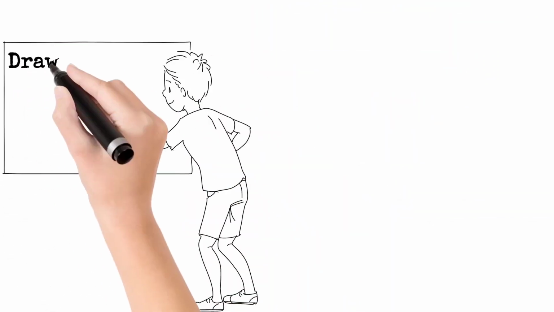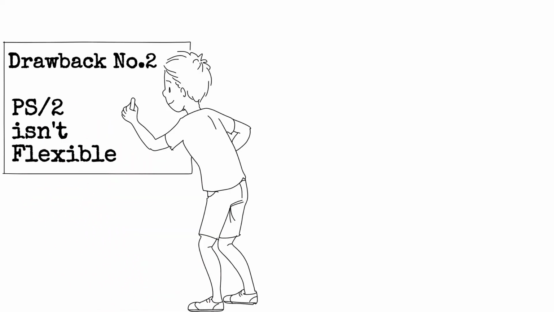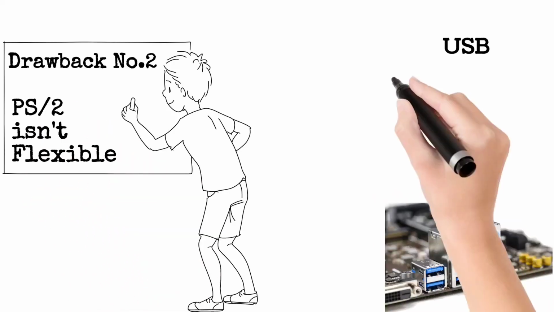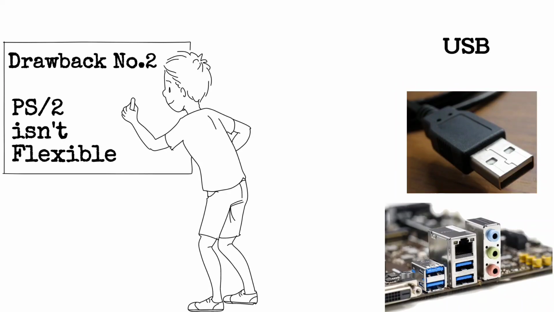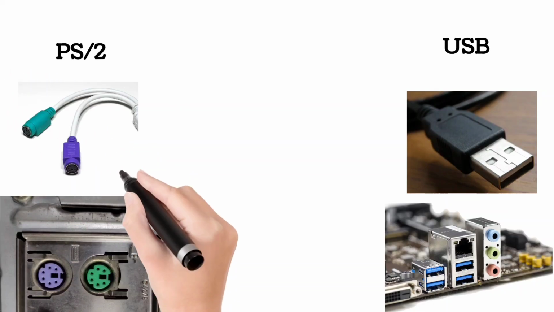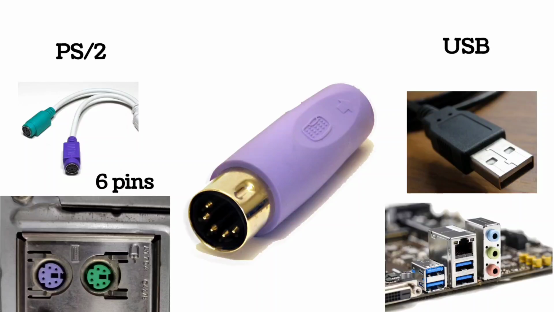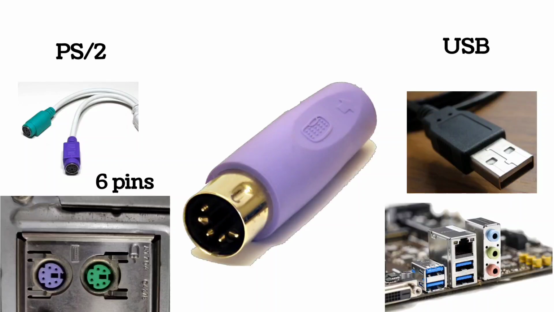The second drawback is PS2 is not flexible. USB ports and connectors are of rectangular shape. To use a USB keyboard or mouse, we just need to connect it to any USB port. But PS2 has a rounded DIN connector that contains 6 pins, so the pins can be broken if we don't connect the PS2 connector to the PS2 port carefully.